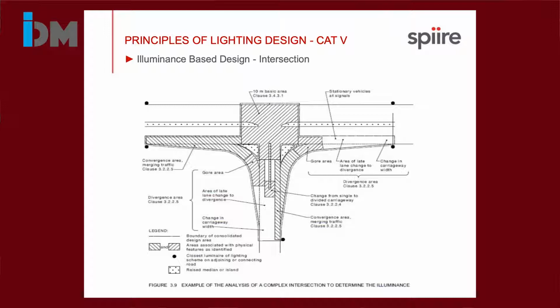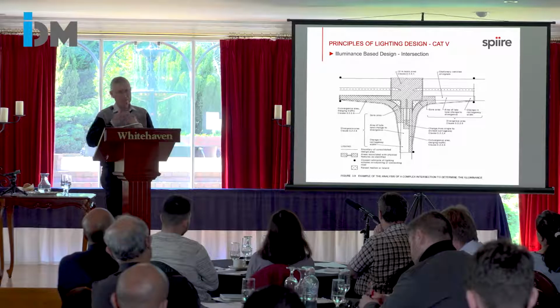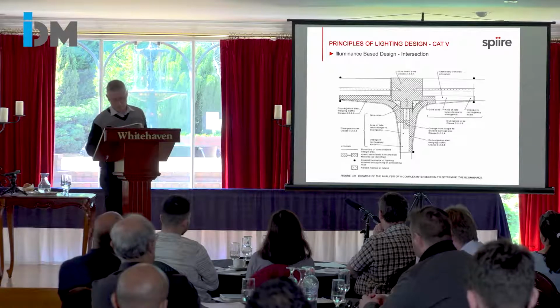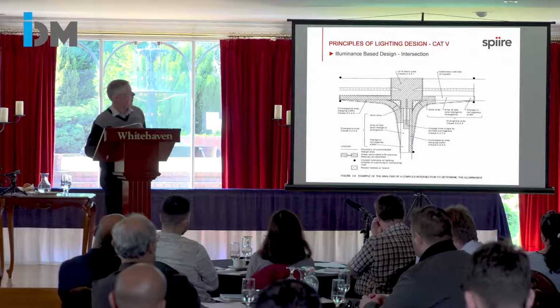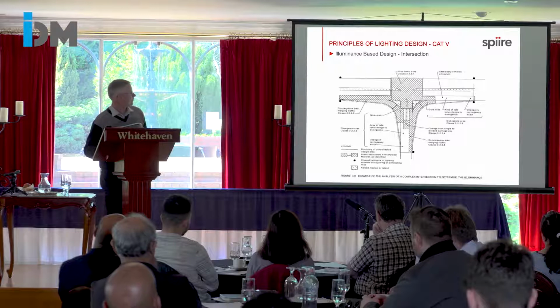That's an illuminance-based design area, whereas the rest of this, which is unhatched, is your luminance-based design area and can be based on lantern spacings as determined through your lighting software and compliant to the Australian standards.